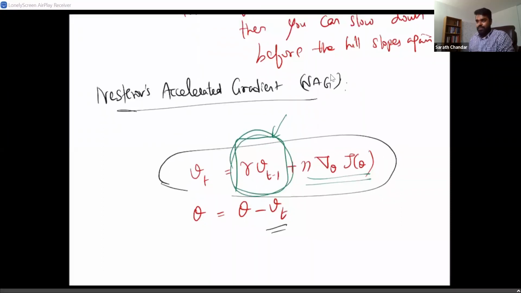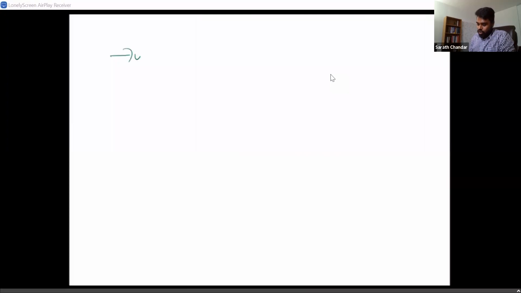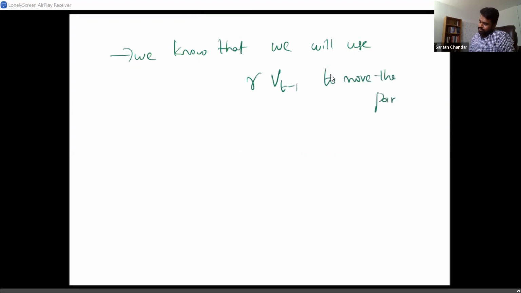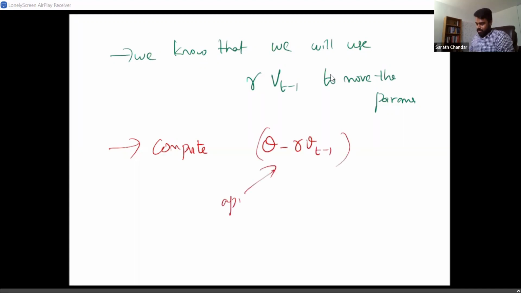The basic idea here is that we know that we will use gamma times v_{t-1} to move the parameters, right? So no one is stopping me from computing theta minus gamma times v_{t-1}. Now this is an approximation for the next position of parameters.